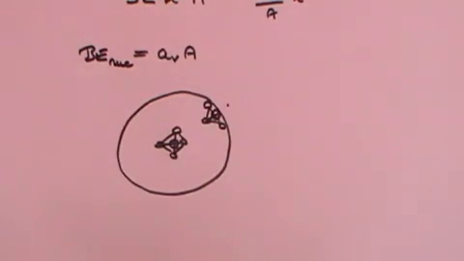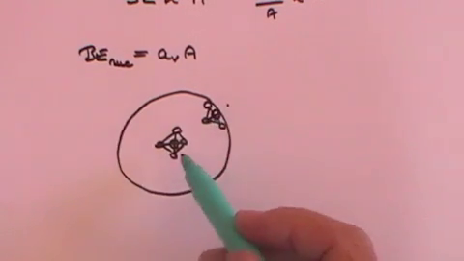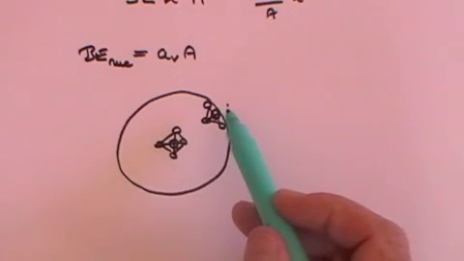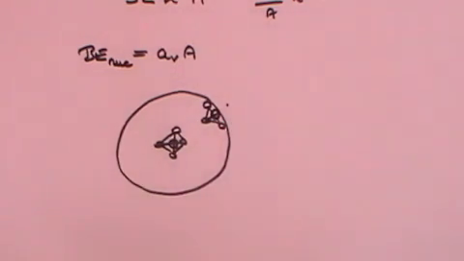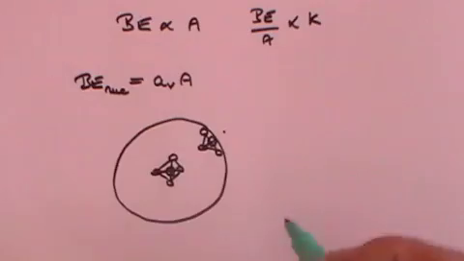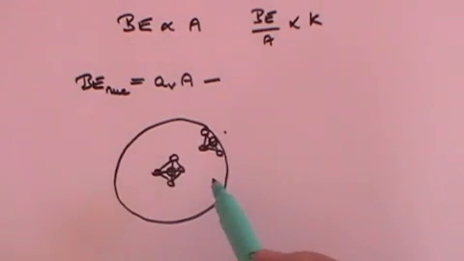So the total binding energy for that nucleon is slightly less than the nucleons in the middle because there aren't so many local pairs. So the binding energy is reduced because of this surface effect.